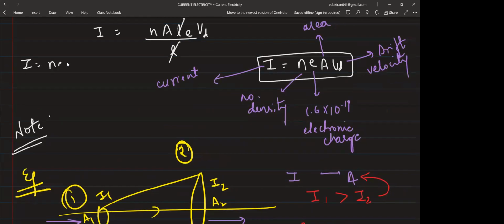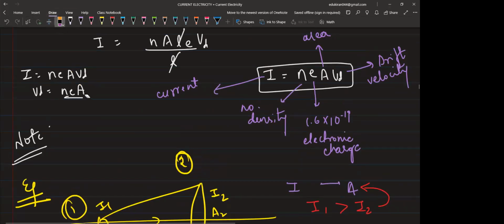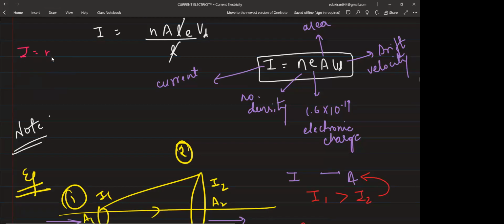Let me tell you. If I say I is equal to NEAVD, then I divided by VD is equal to NEA.